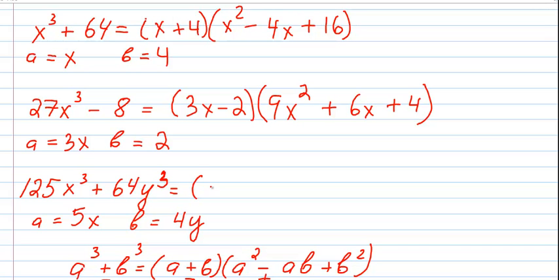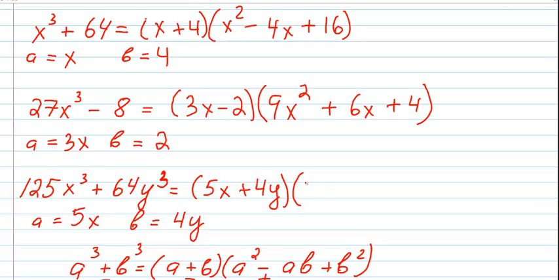So in our first parenthesis we will have a, which is 5x, plus b, which is 4y. Then we need to multiply another set of parentheses, and a squared, we need to square the whole a.